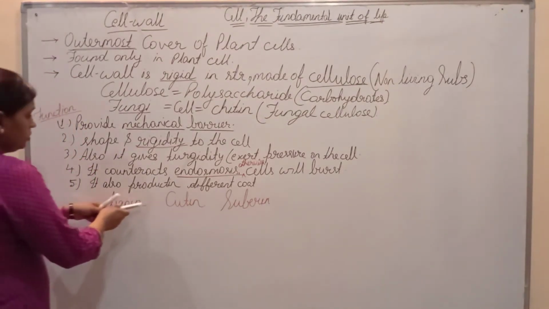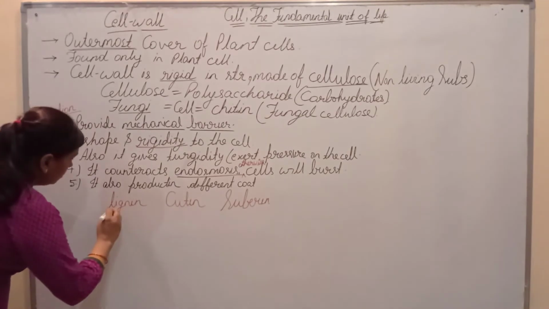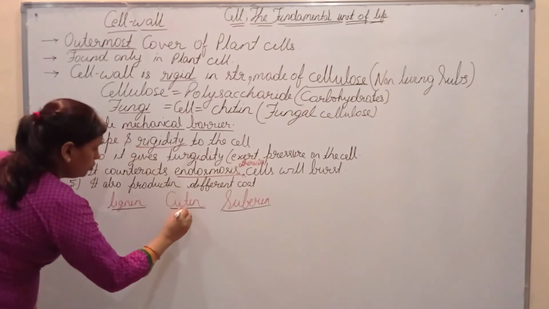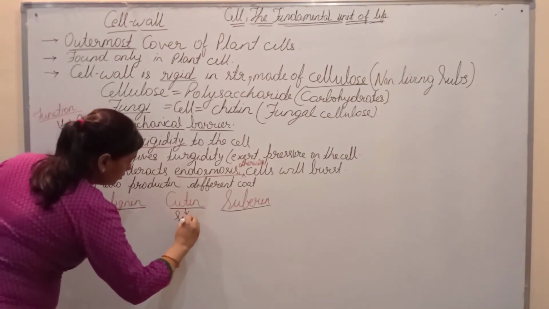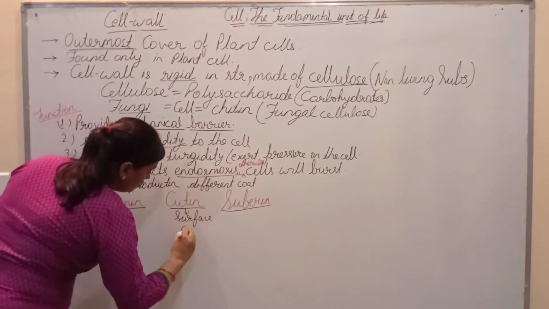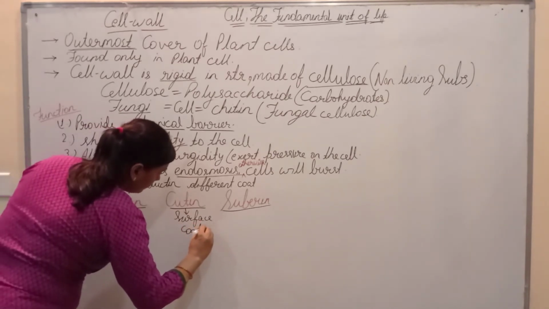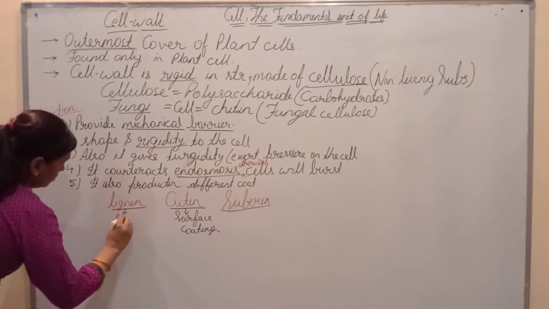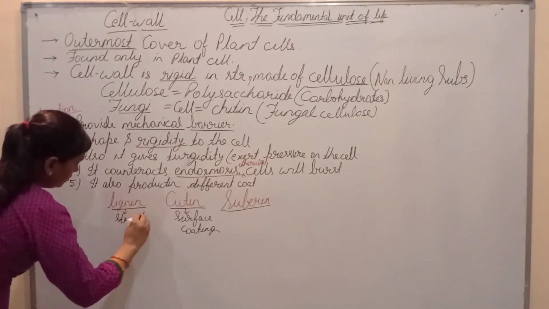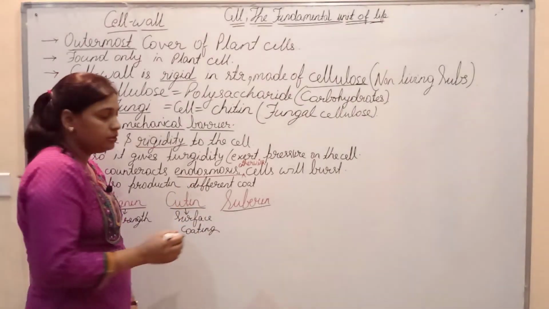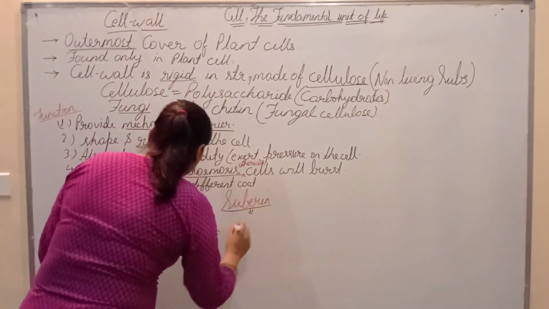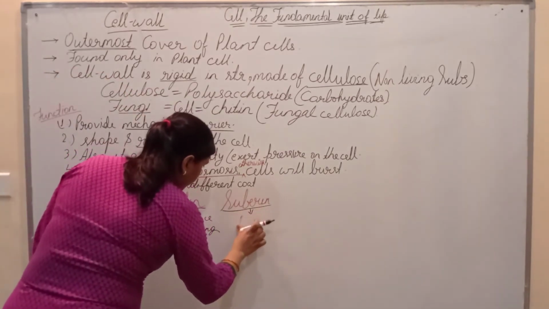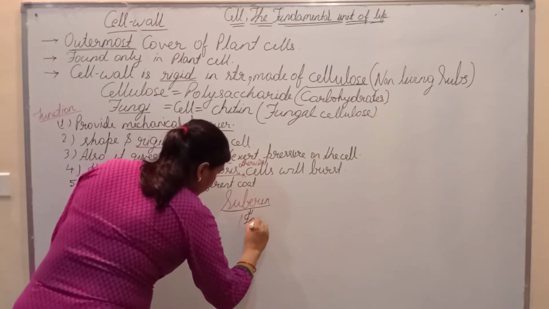All perform a different function. Cutin helps in the surface coating. Lignin gives strength to the cell, while suberin is for impermeability.